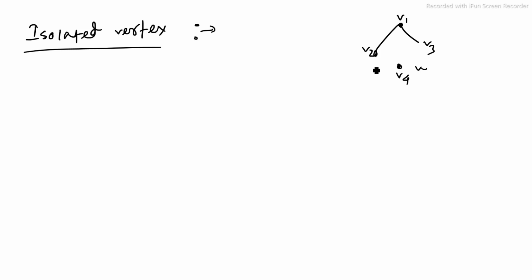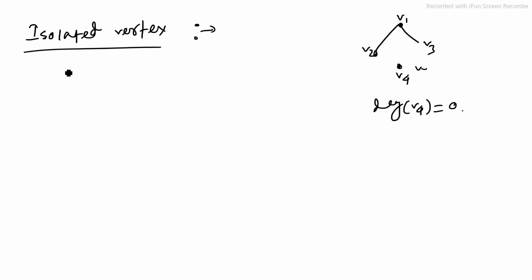If a vertex has degree 0, then that vertex is called an isolated vertex. You can see here the vertex v4 does not have any edges connected to it. That's why the degree of v4 is 0, so this is an isolated vertex.